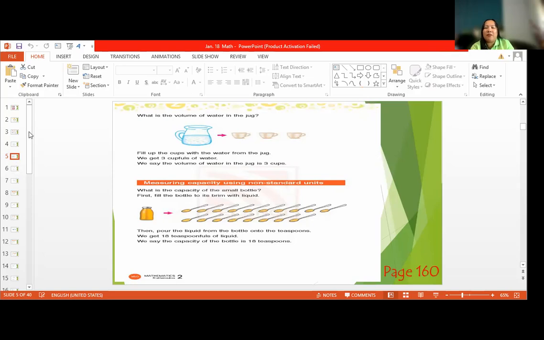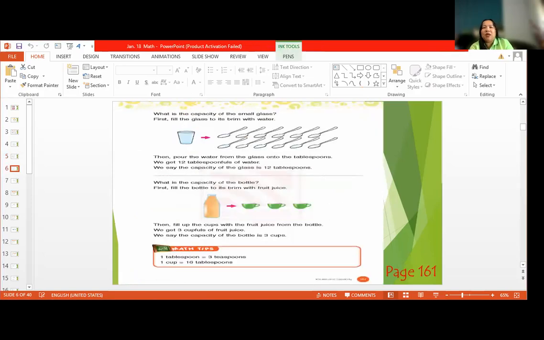Okay, another example for this one. What is the capacity of the small glass? First, fill the glass to its brim with water. Because here we are looking at capacity, do we go outside or go inside?